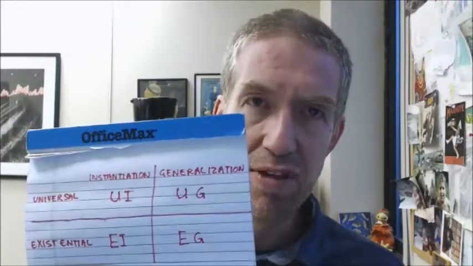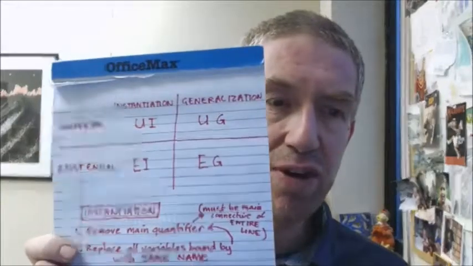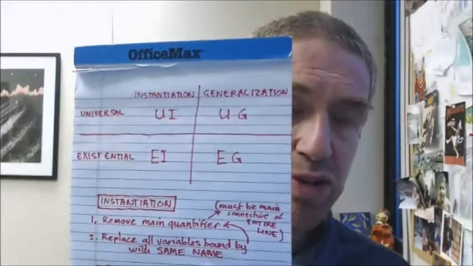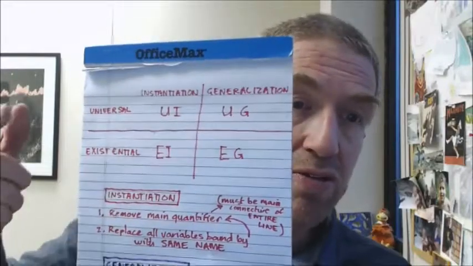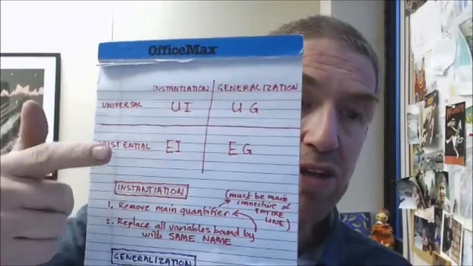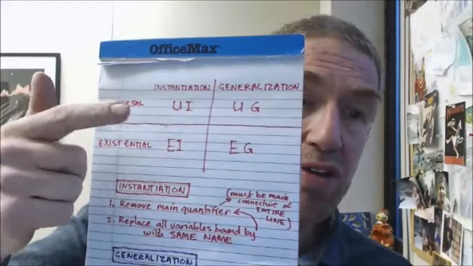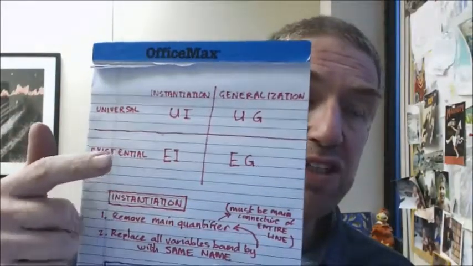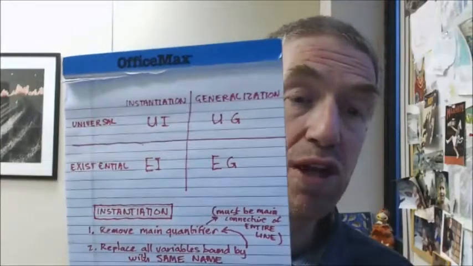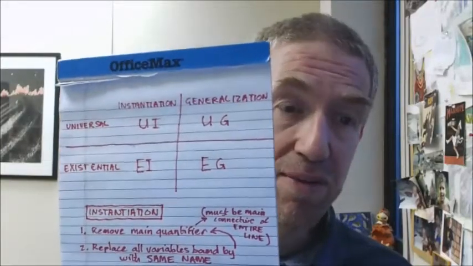All right, so let's summarize the rules of instantiation first of all. There are two rules that apply to both kinds of instantiation, universal and existential. Turns out for universal instantiation there are only these two rules, but existential instantiation has an extra rule as well, as we'll see.